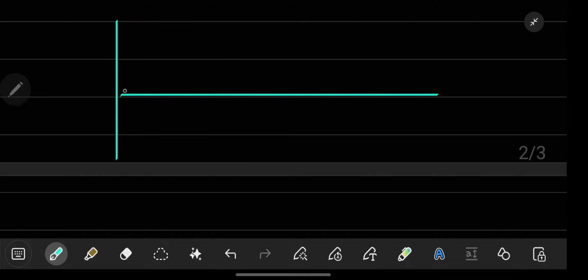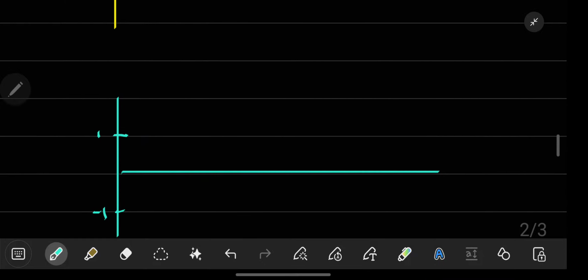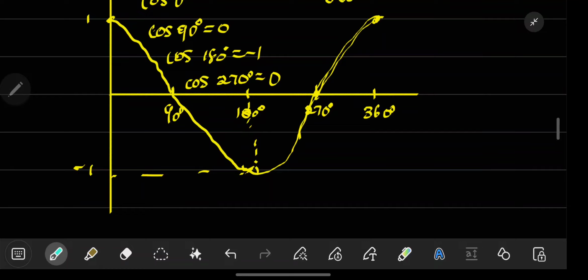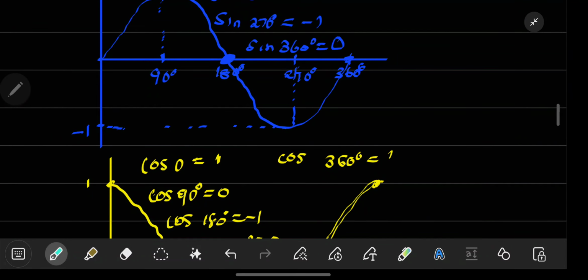So when you draw the graph, this is your 1, this is your -1, right? Oh, this is my y, this is my x. Their intervals are not the same as the sine and cosine intervals.